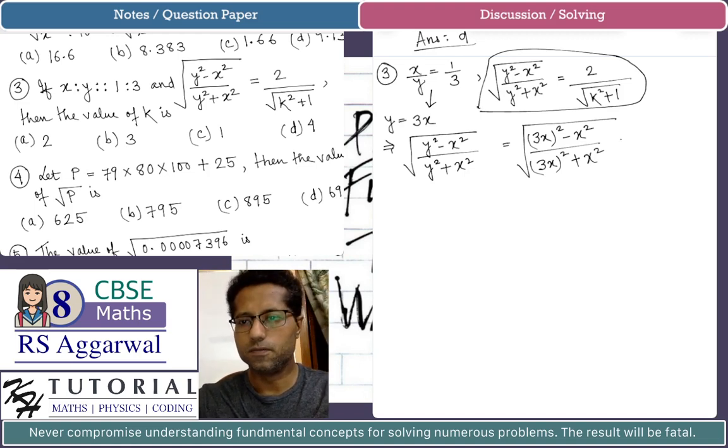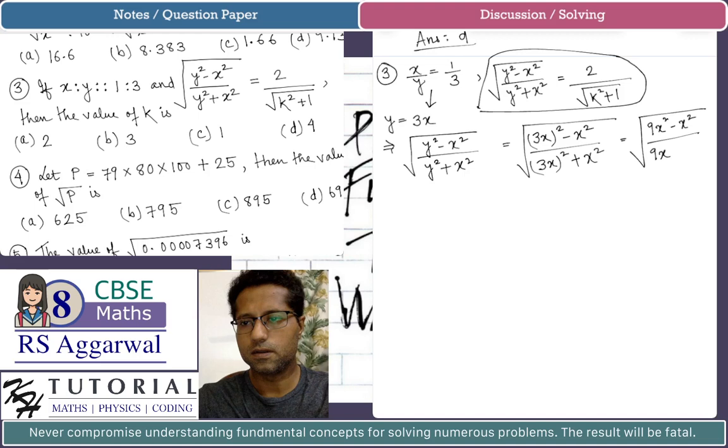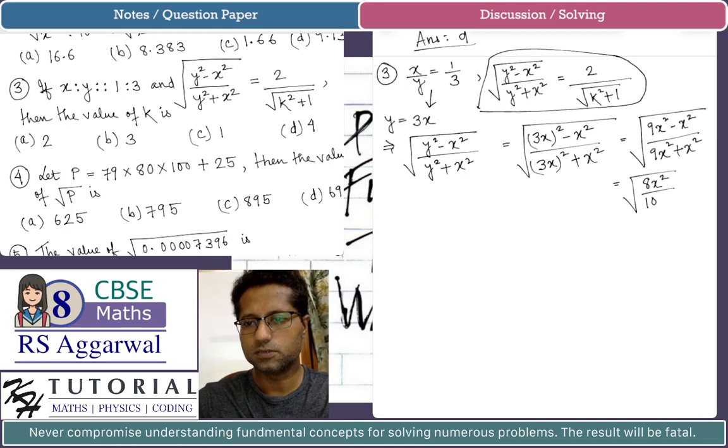This is equal to the square root of (9x² − x²) divided by (9x² + x²). This is equal to 8x² divided by 10x². The x² cancels out.